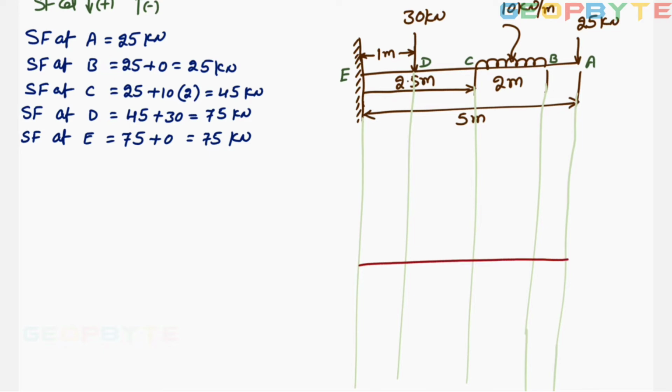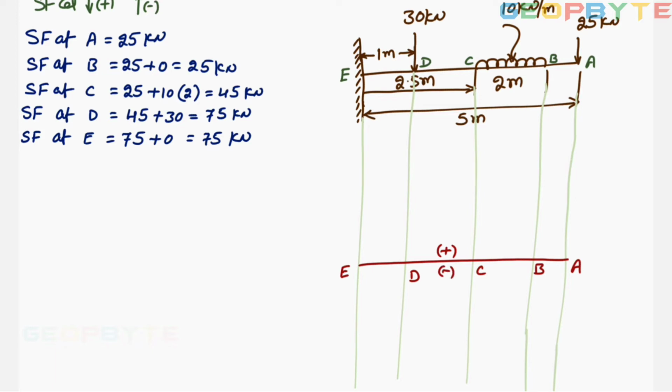This is the reference line. A, B, C, D and E. Positive values are above the reference line, negative values below the reference line.